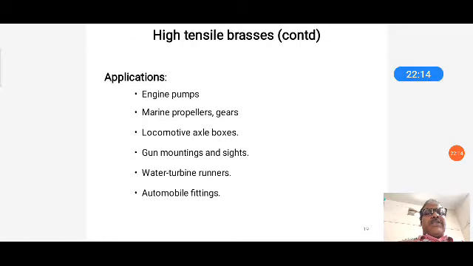These are the applications of high tensile brasses. The properties, composition and applications of high tensile brasses.